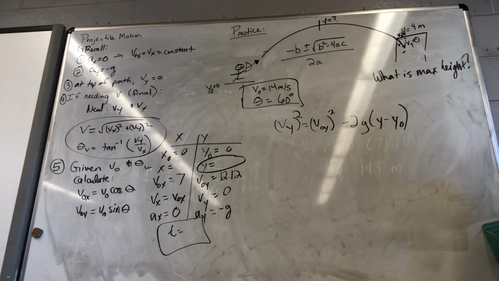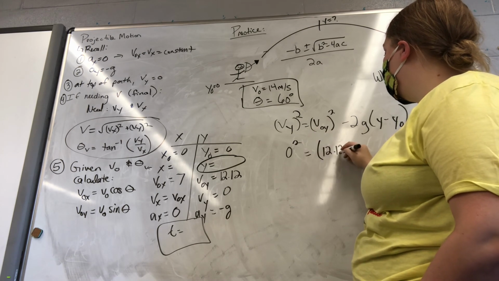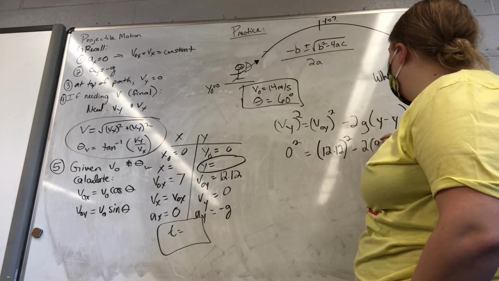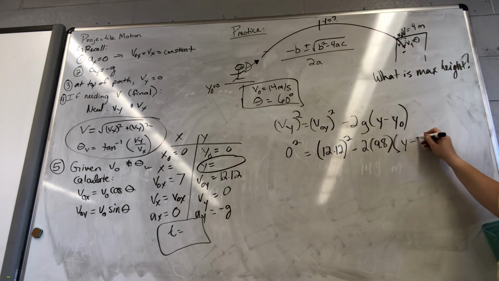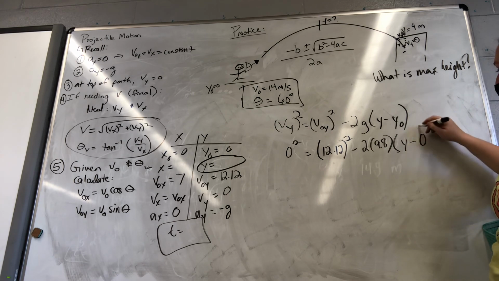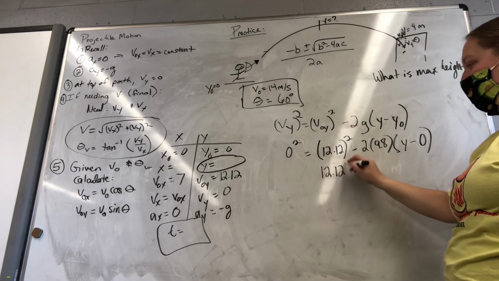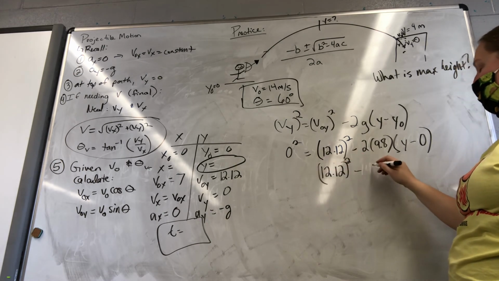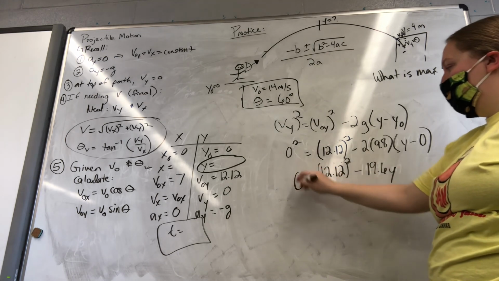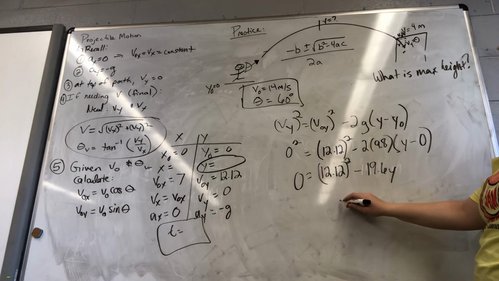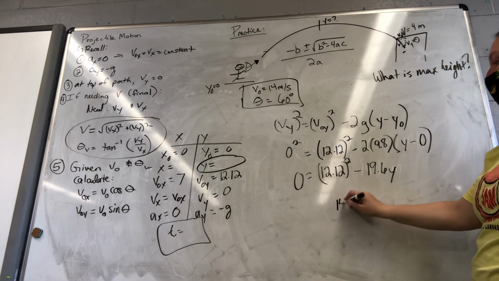Okay, so then we plug in what we know. That's 12.12 squared, 146.9.